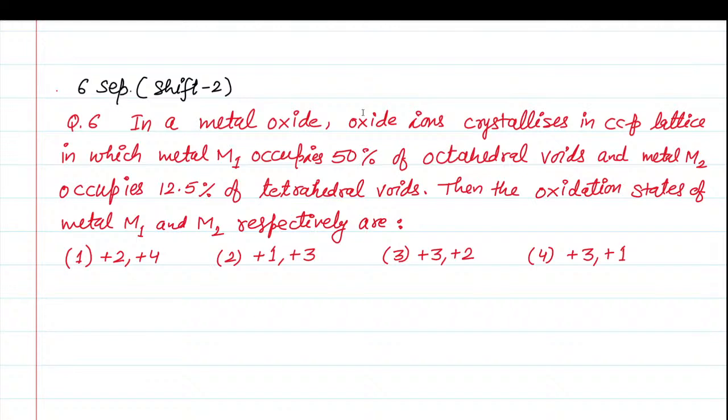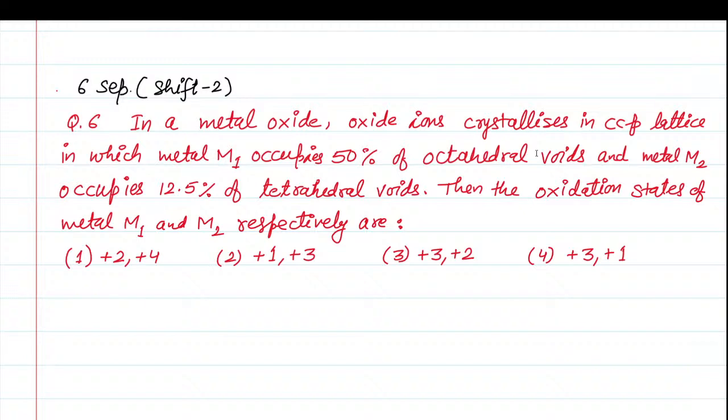The question is, in a metal oxide, oxide ions crystallize in a CCP lattice, in which metal M1 occupies 50% of octahedral voids and metal M2 occupies 12.5% of tetrahedral voids. Then the oxidation states of metal M1 and M2 respectively are. You have to calculate oxidation states.